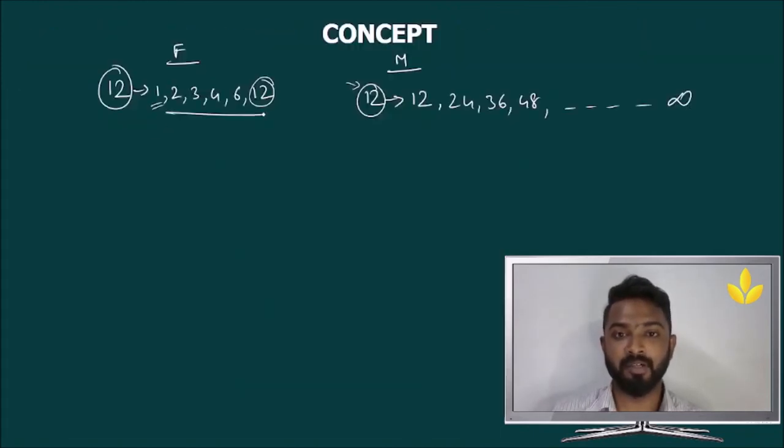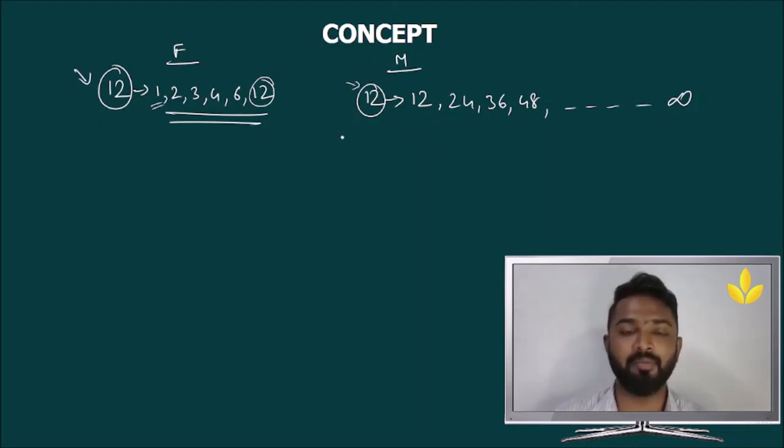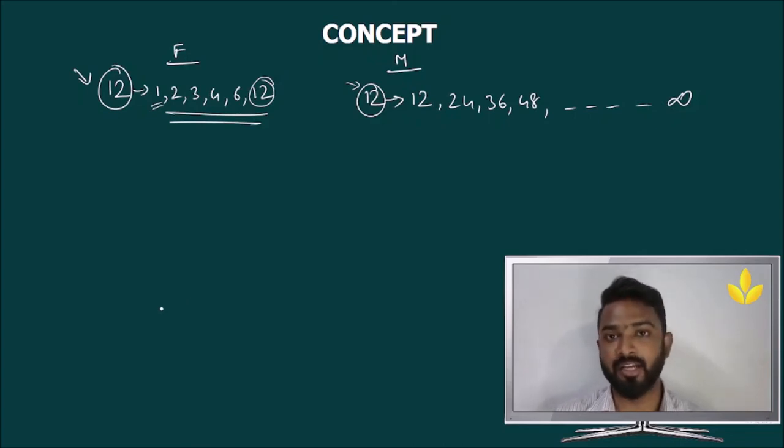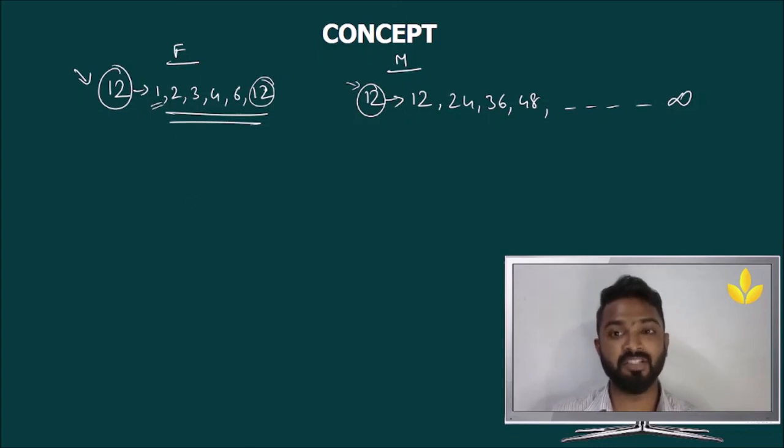Factors are the numbers which divide the number and multiples are the numbers which get divided by the number. That is the only difference. Multiples go up to infinite, factors are finite number of terms. And factors are always less than or equal to multiples. The only factor which is equal to multiple is the number itself.